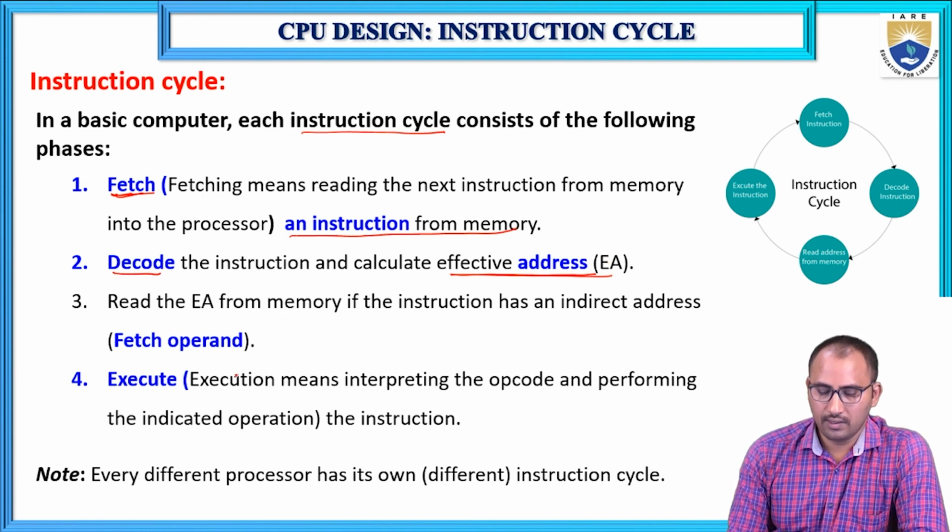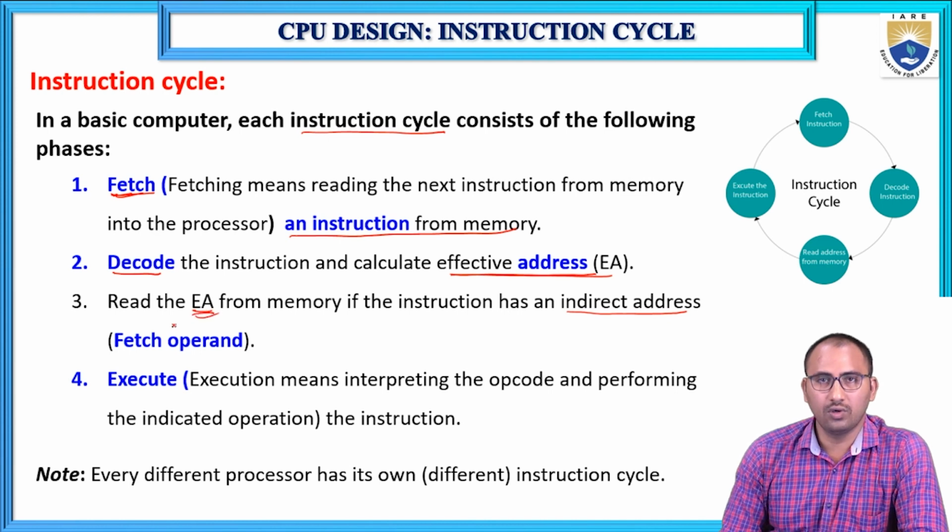The third phase is to read the effective address from the memory, when the instruction has an indirect address. This depends upon the address bit of the instruction. If the instruction has an indirect address, then we need to go to the memory and calculate the effective address.